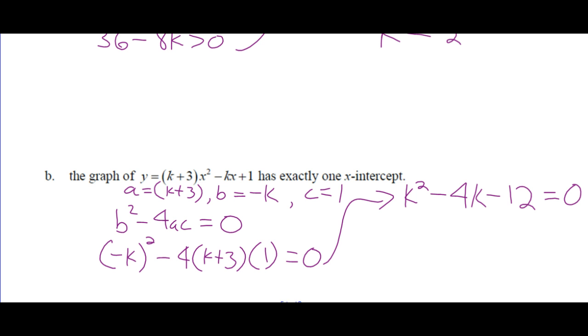Okay, well, if we're nice to you, this should factor, right? Two numbers above, yeah, it factors. So what do we got? k minus 6, k plus 2. Okay, I factored it. Now what do I always do after I factor?